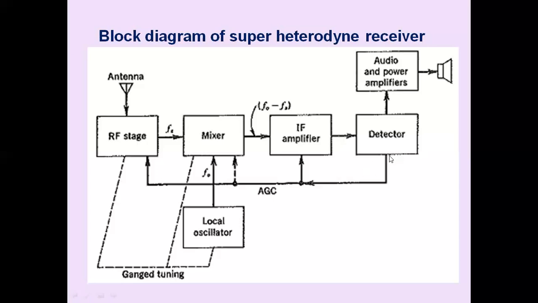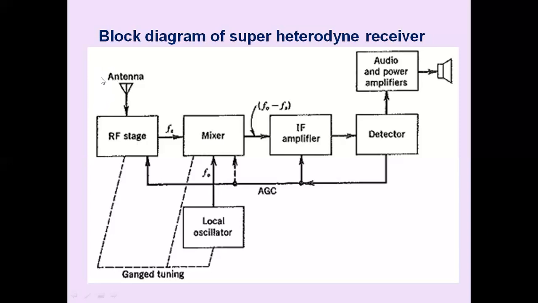So the detector is also providing a constant voltage that is derived. That voltage we call the automatic gain control voltage and it is applied as input to the IF amplifier, mixer, and RF stage. It is fed as a negative feedback system so that we will be getting the output constant irrespective of the variations in the incoming signal strength.